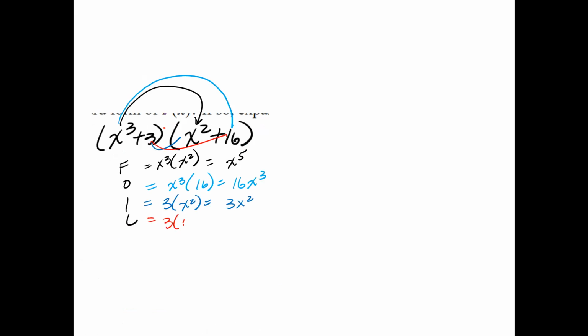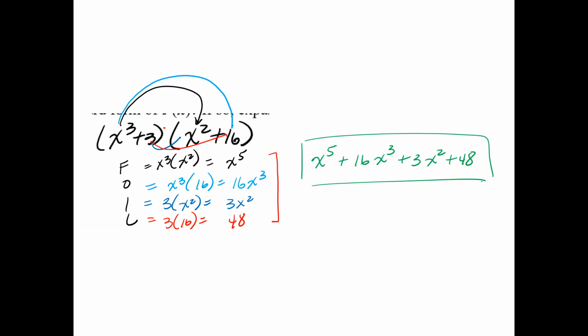Last, 3 times 16 is 48. There's nothing that I can cancel. So then what is your answer? Your answer for this is x to the 5th plus 16x cubed plus 3x squared plus 48. And that is everything written out in standard form.